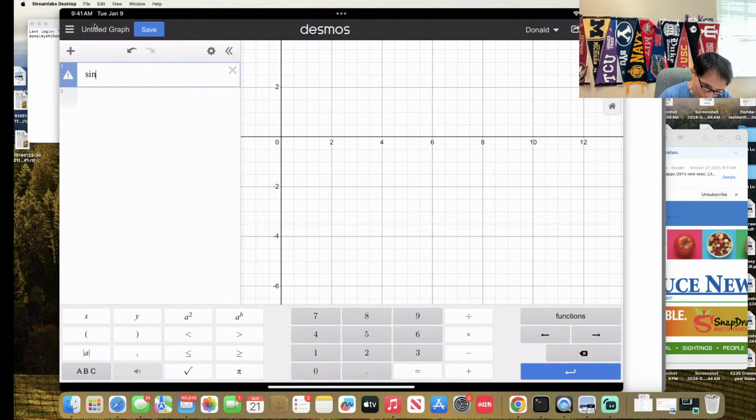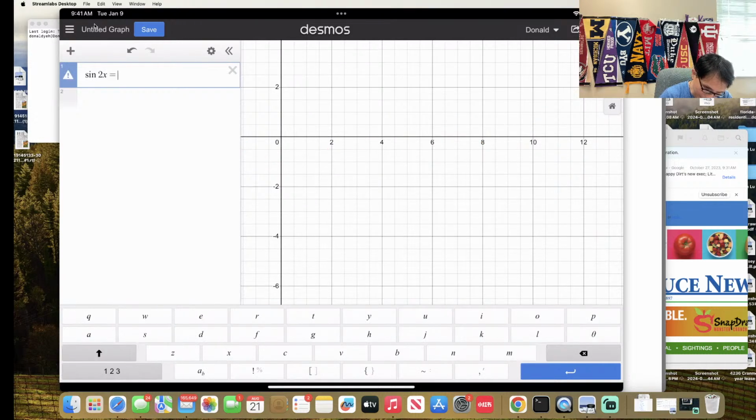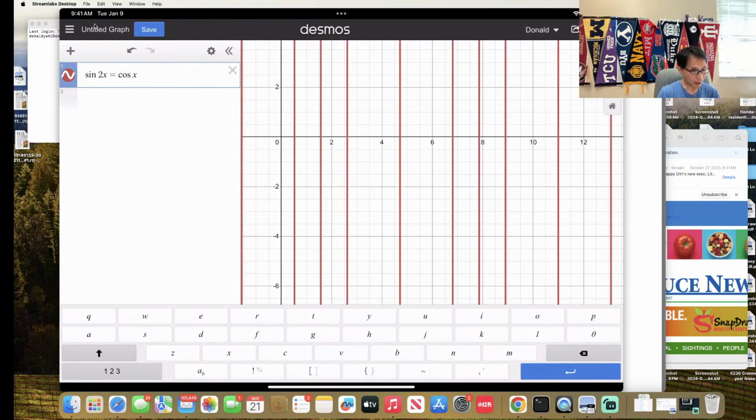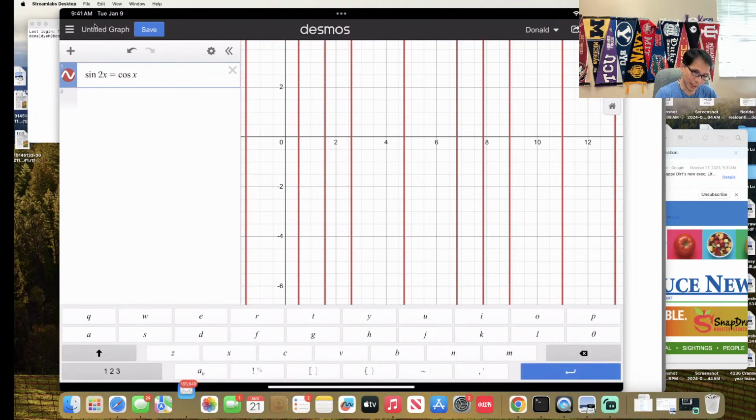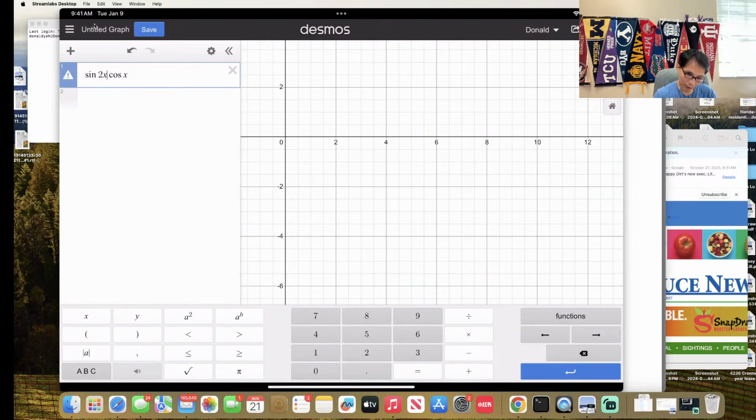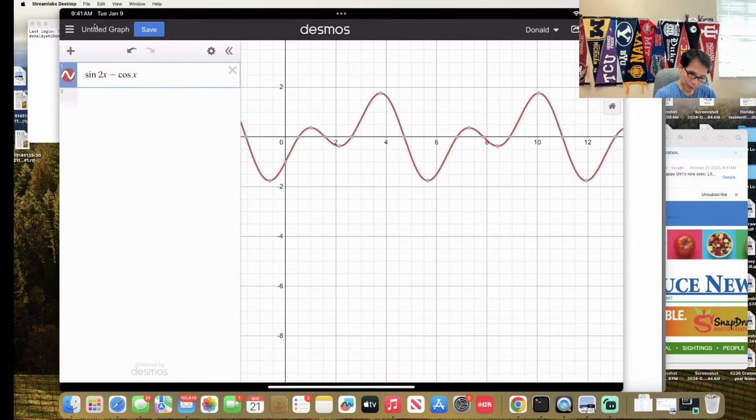Sine of 2x, right? And just remember, we say cosine of x. We're going to write it down like this. It shows a straight line, right? Again, you cannot click on it, but if I do minus cosine of x without the equal sign, it actually shows me solutions, and you can click on all the solutions.